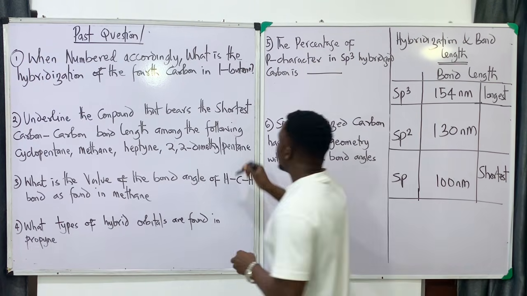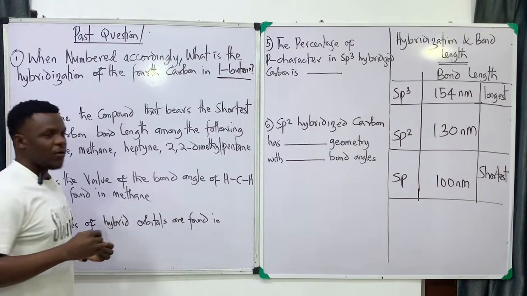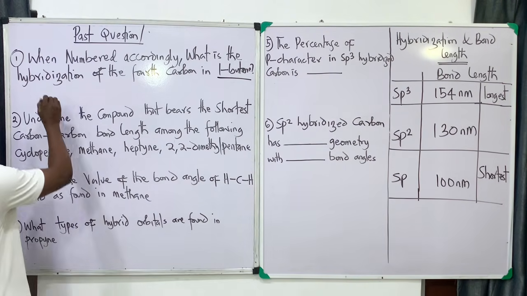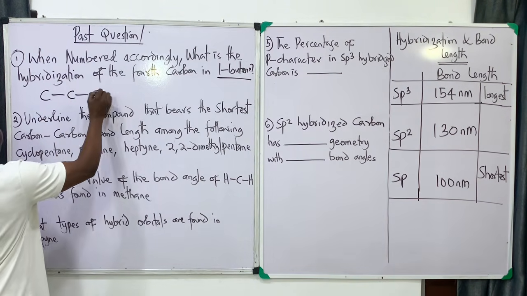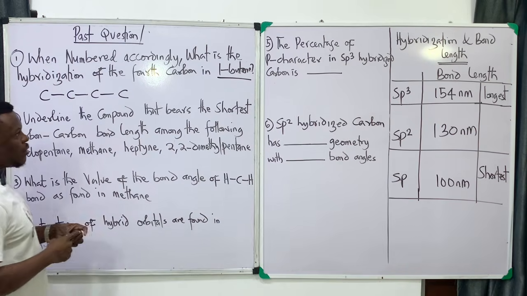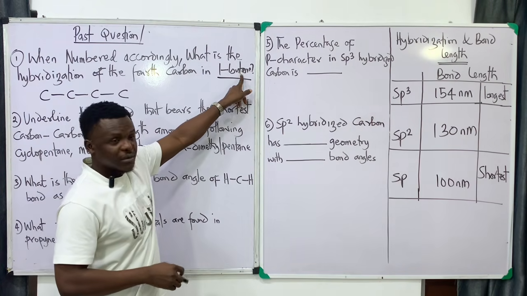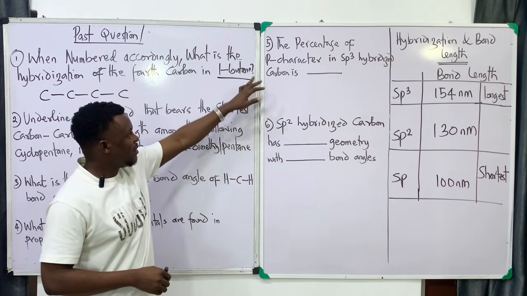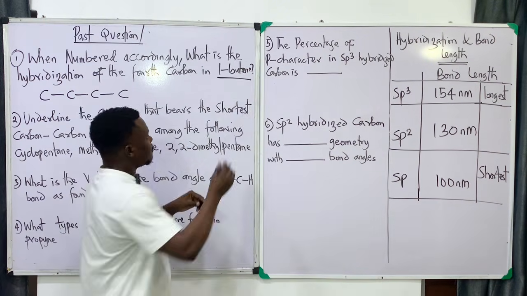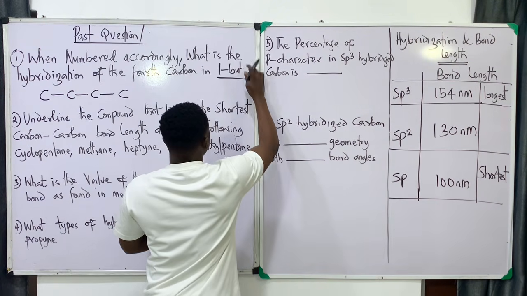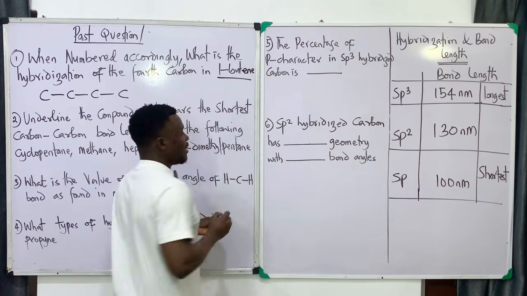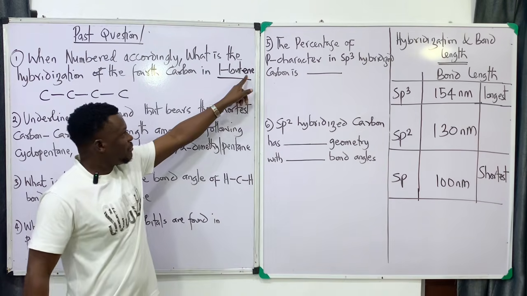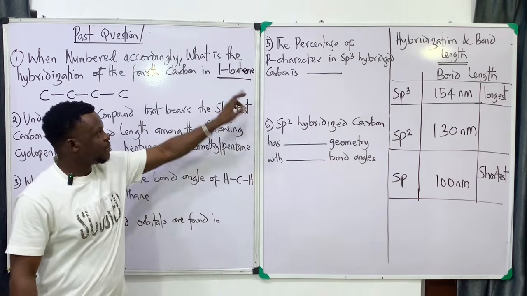Now 1-butene means 4 carbons, so let's say 1, 2, 3, 4. But means 4 carbons, and ene means there is a double bond, at position number 1.